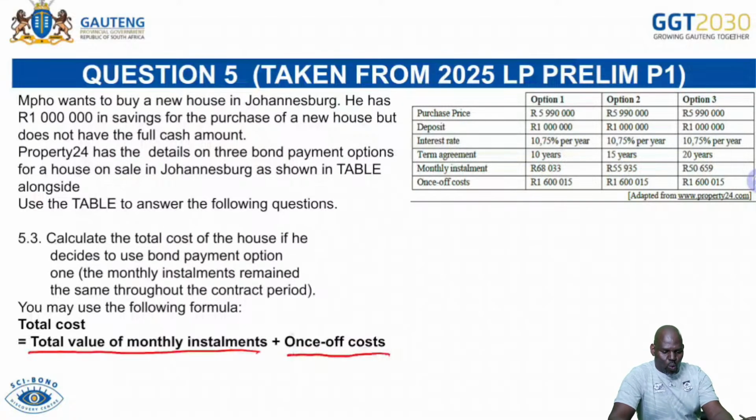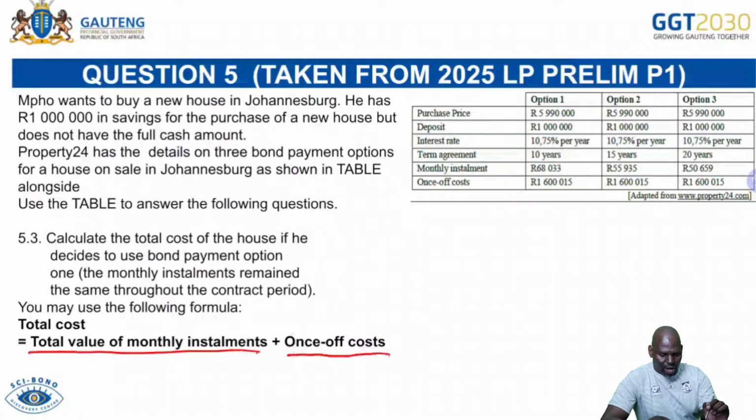Okay, plus once-off cost. So in this case, calculate the total cost of the house if he decides to use bond payment option 1. The monthly installments remain the same throughout the contract period. You may use the following formula. Total cost is equal to the total value of monthly installments plus once-off cost.